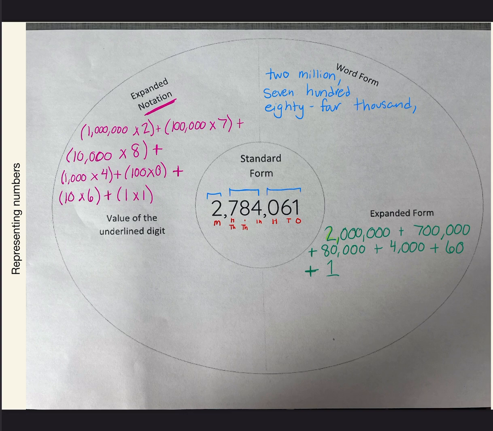Well, in my next bracket, I see that it is only 61. There is no 100 spot, which means I don't have to include that like I did in my thousands. There is no 700 or 100 or anything. There's 0 hundreds in my units bracket. So all I have to write now is that 61. So I go here, I have 2,784,061. And that's all I do for that section.